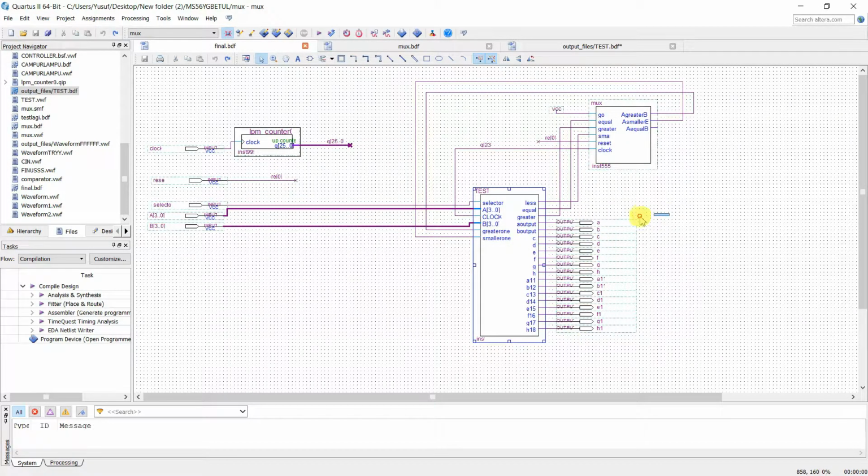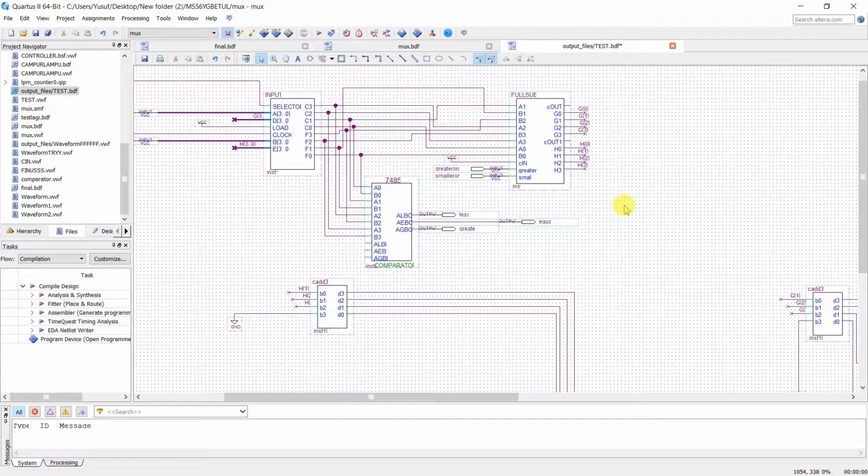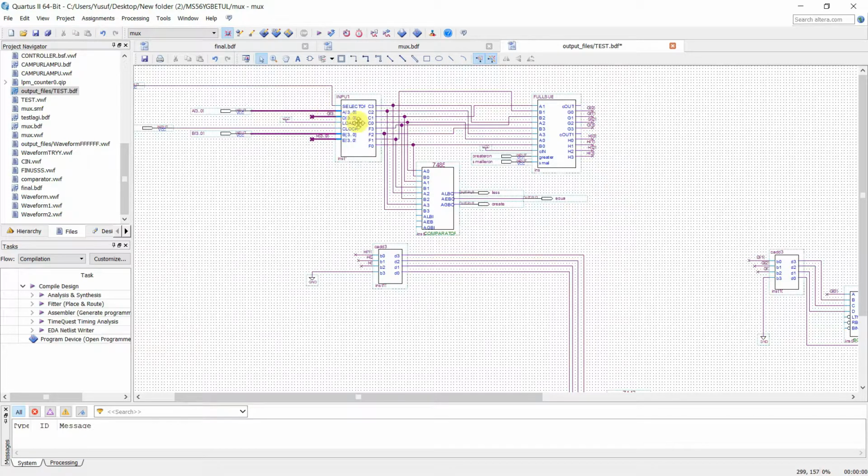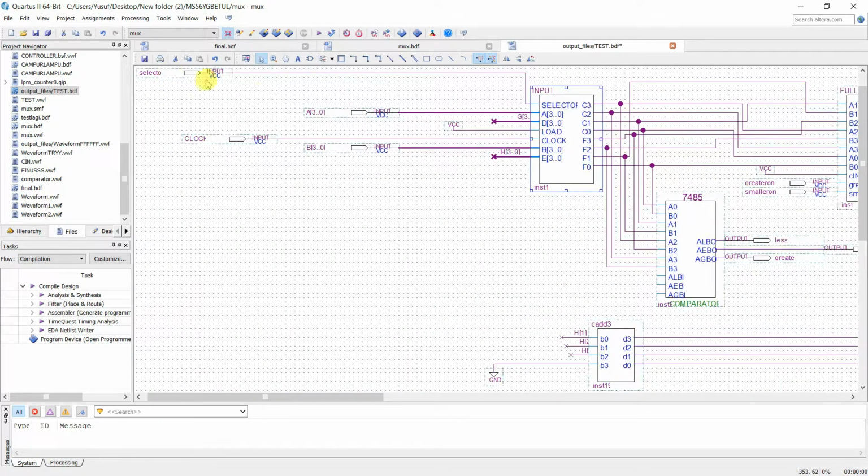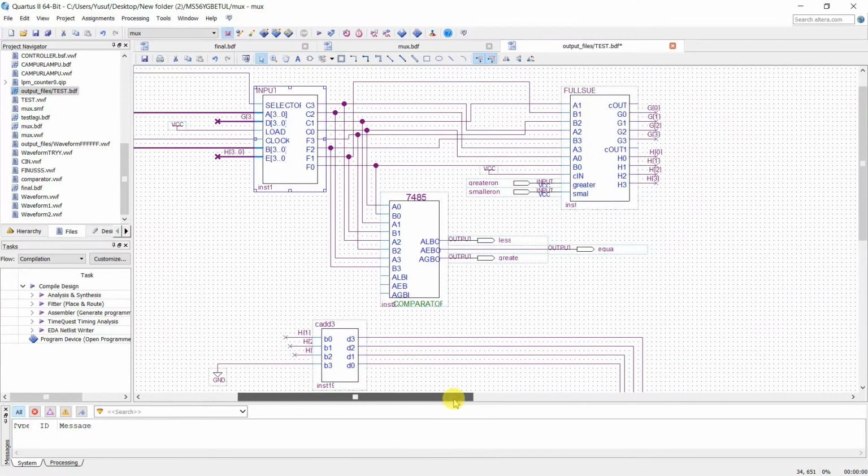In the GCD 7 segment, we have four 7-segment displays, so it shows there. This one is our data path unit. This one is the input unit where we give input of A and B, and here's the selector for selecting the input.